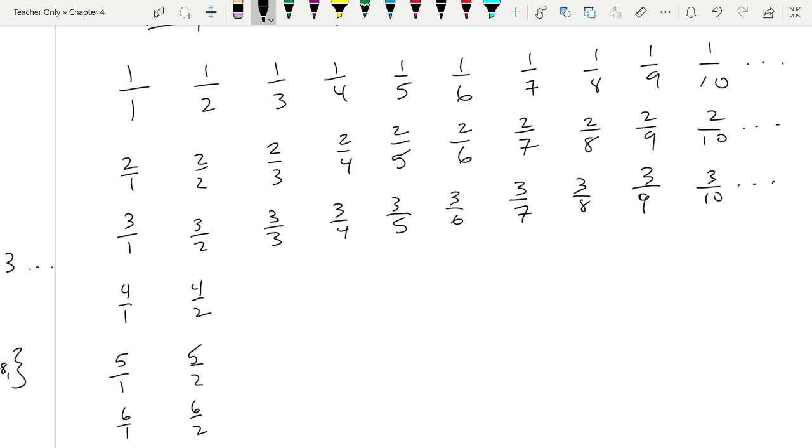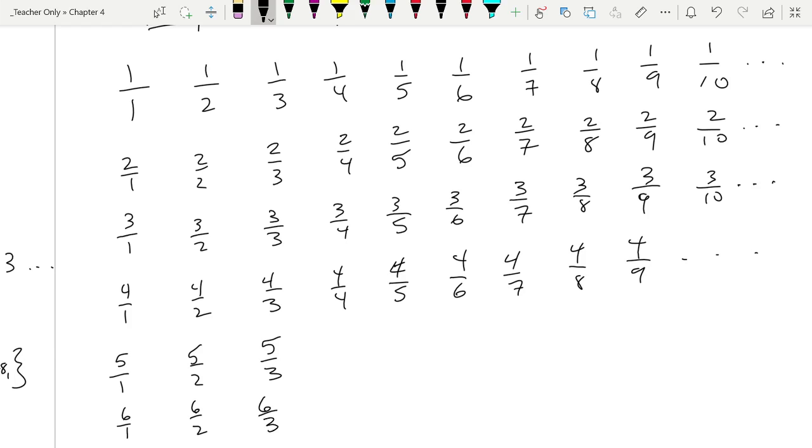And this is going to be 4 over 3, 4 over 4, 4 over 5, 4 over 6, 4 over 7, 4 over 8, 4 over 9. You get the idea. 5 over 3, 6 over 3, 5 over 4, 6 over 4, 5 over 5, 6 over 5, 5 over 6, 5 over 7.